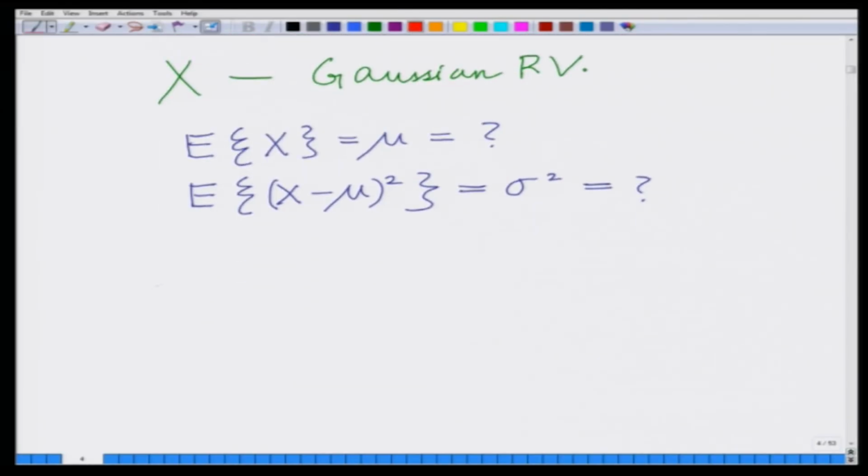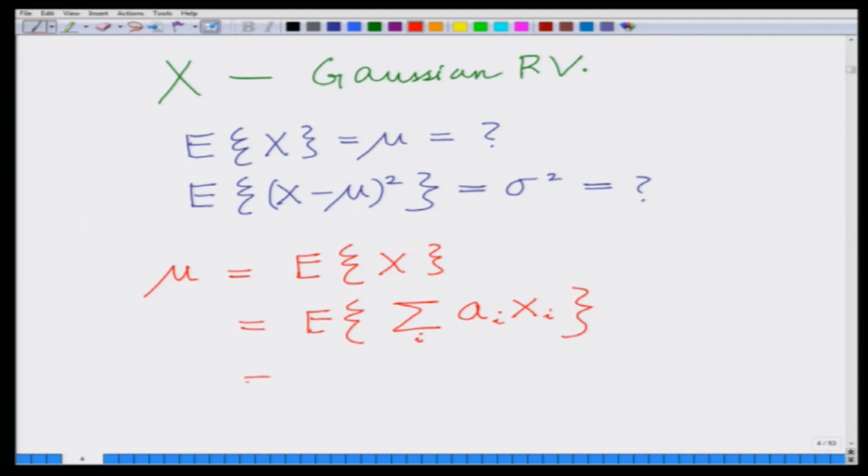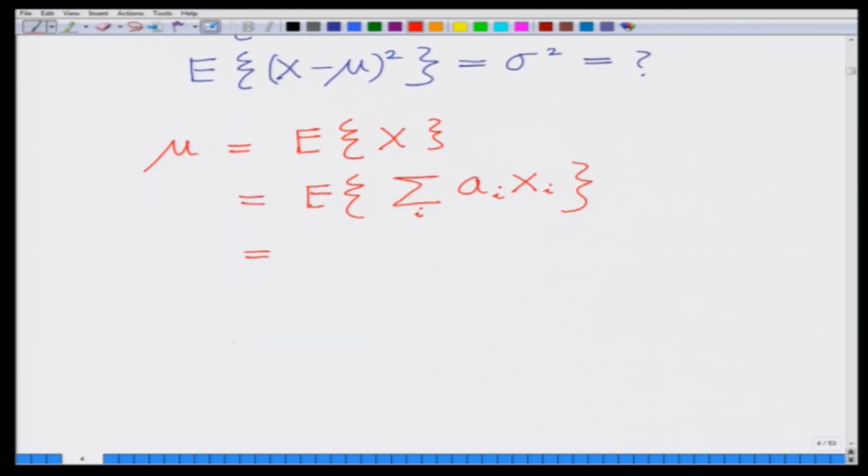The mean of this Gaussian random variable, mu, equals expected value of x, but x is in turn summation over i of ai xi, because x is a1 x1 plus a2 x2 plus so on up to al xl. Now, expectation is a linear operator, so I can take the expected operator inside. So, this is summation over i of expected value of ai xi.